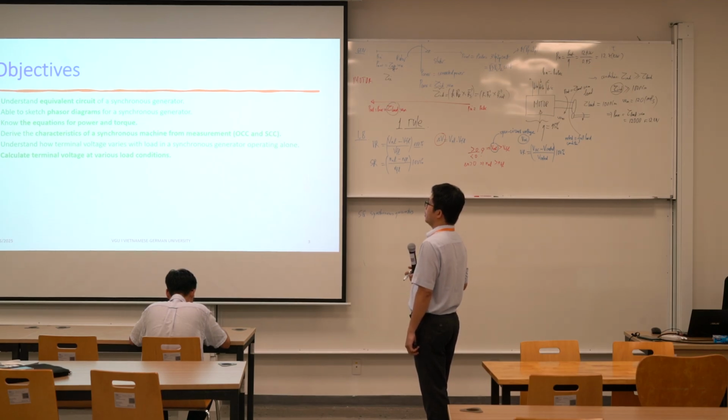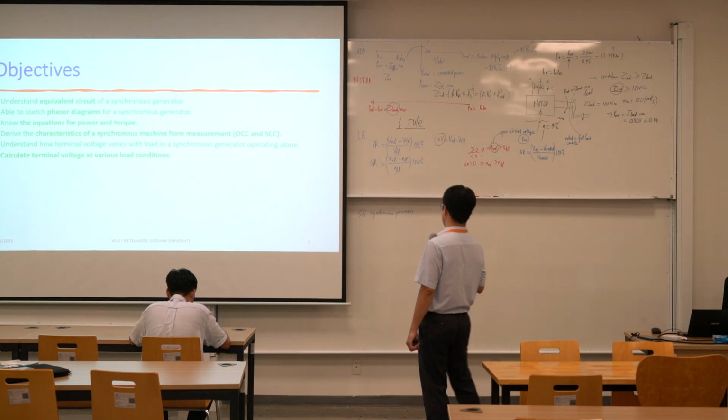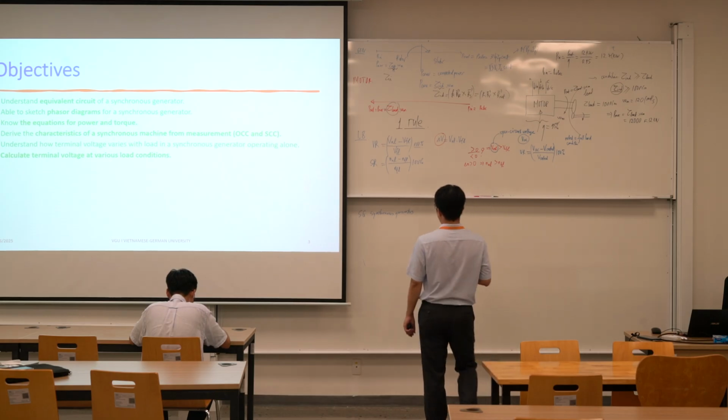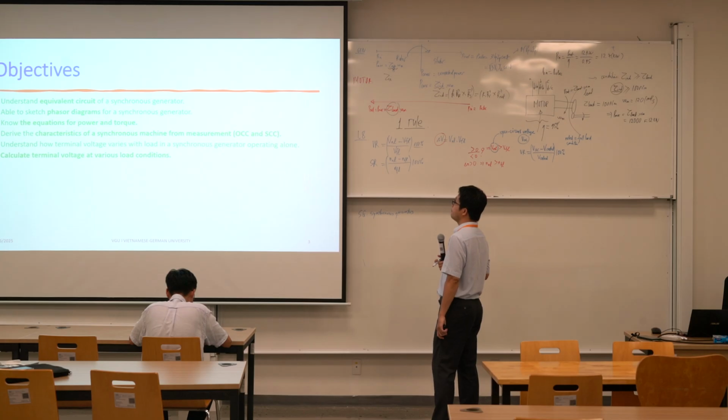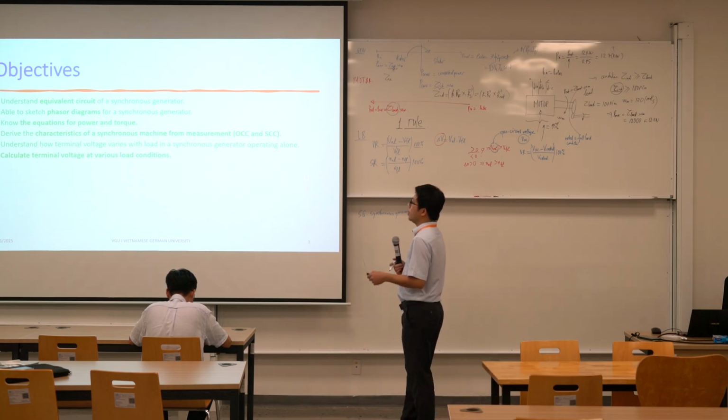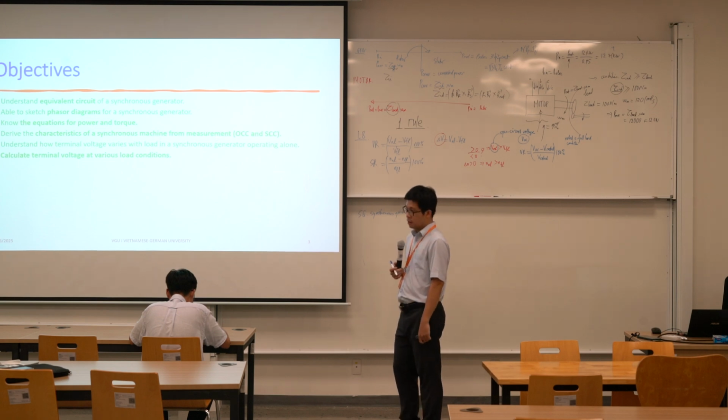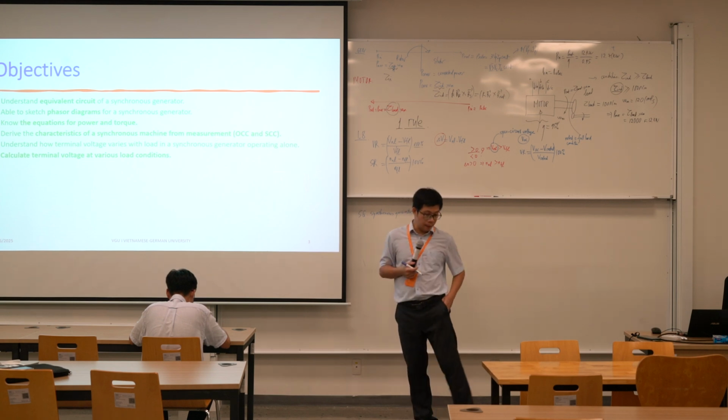You need to understand how to calculate the power and the torque of the synchronous generators. We have the ability to derive the characteristics of a synchronous machine from different measurements.